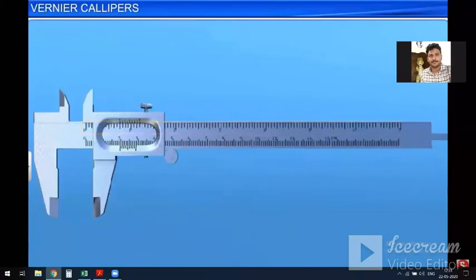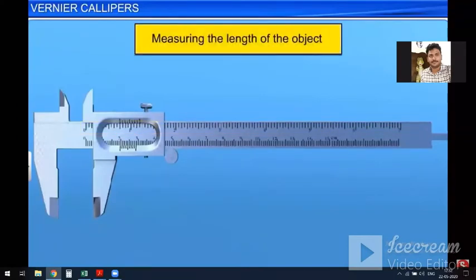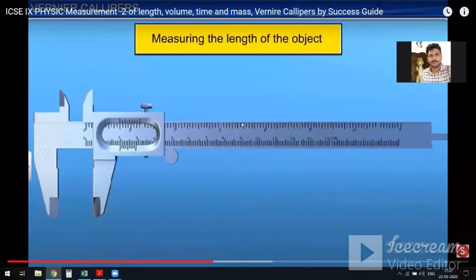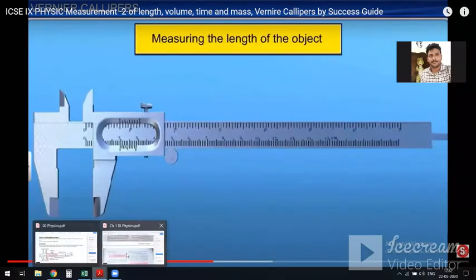Let us now see how the length of an object is measured using the vernier calipers. Now they are going to teach us how we have to make measurement using vernier caliper. But before starting that, let us see what is given in our textbook.